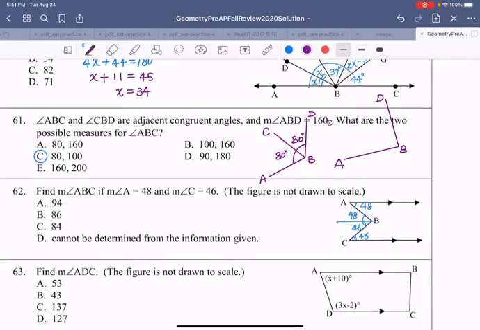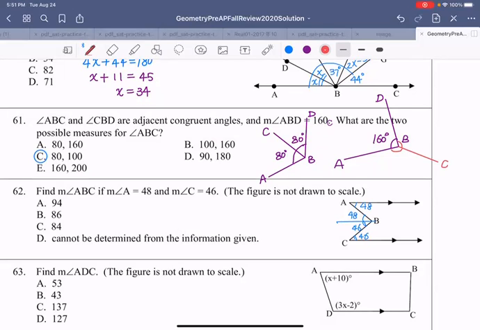This guy is 160. But I draw the line in the other direction. I draw this line there. And these two pieces are equal. This is ABC. This guy and this guy are equal. Can we also draw that way?